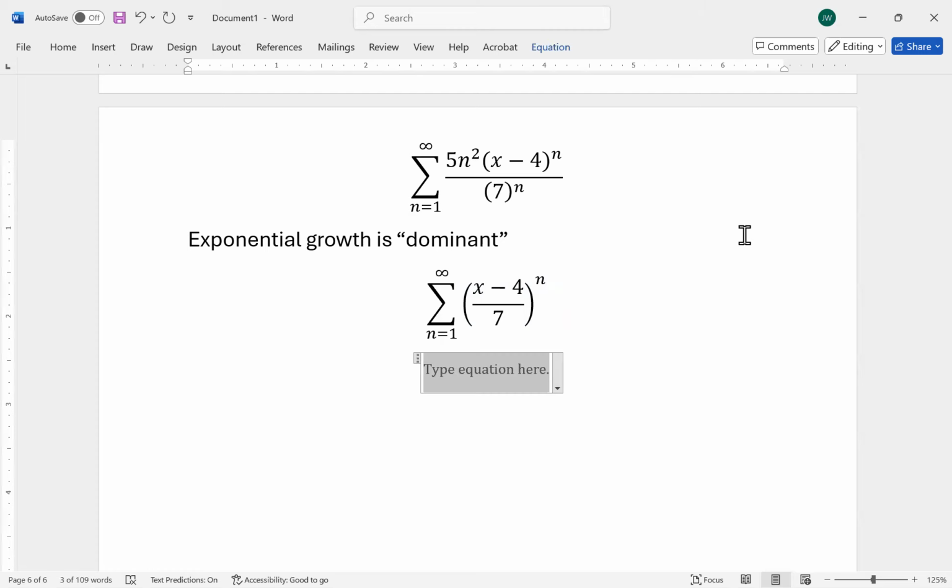We know through geometric convergence that this is going to converge anytime that x minus 4 over 7 is between -1 and 1. So we write that out.